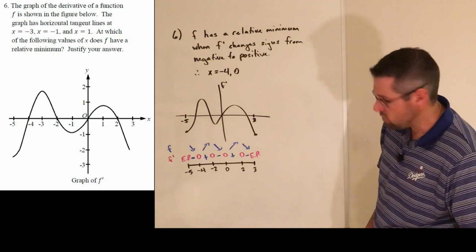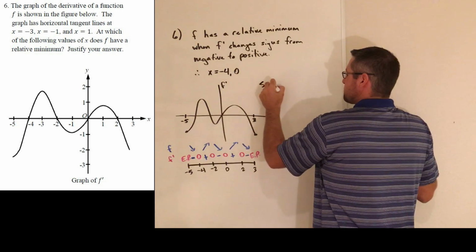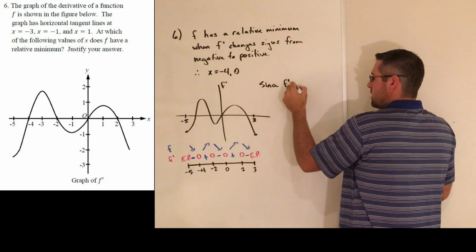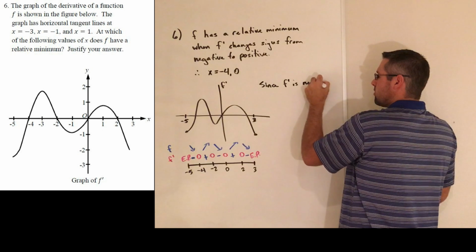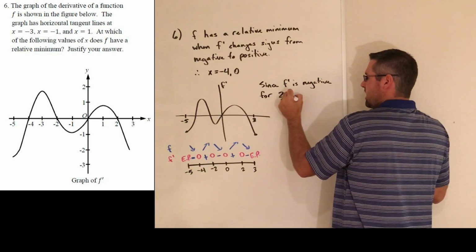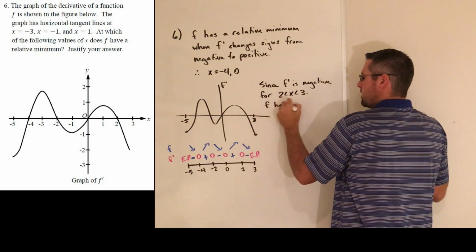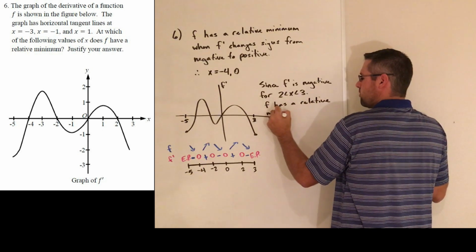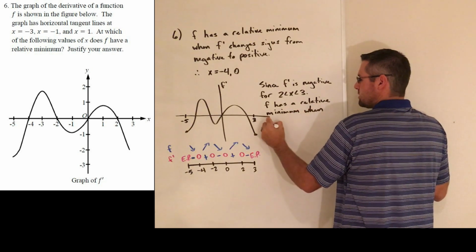Now the justification for that is going to look like this. We would say, since f prime is negative for 2 is less than x is less than 3, f has a relative minimum when x equals 3.